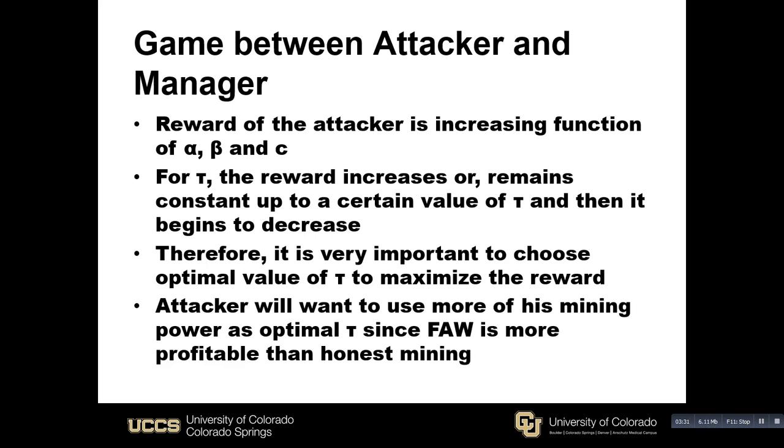For this reason, the attacker needs to choose a tau that will give him maximized reward. That tau value is called the optimal tau, and the attacker will want to use more of his total mining power as optimal tau, because FAW attack is more profitable than honest mining.